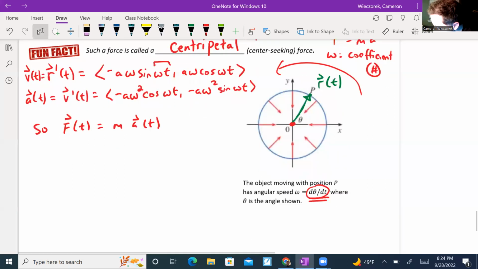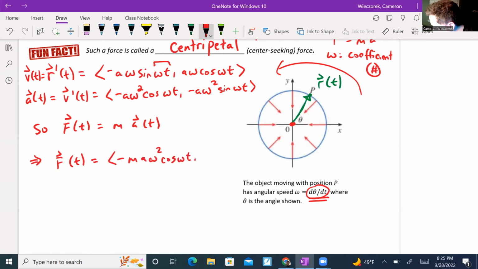Okay, plugging in a couple things here. This implies that force is, if I distribute the m through, negative m a omega squared cosine omega t, negative m a omega squared sine omega t.